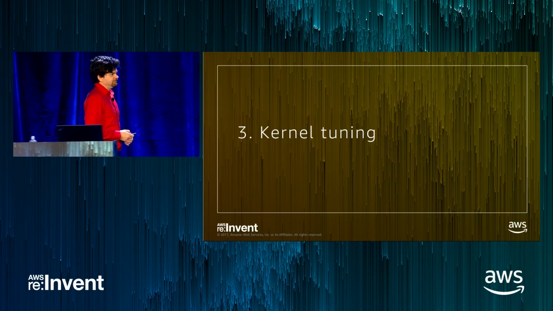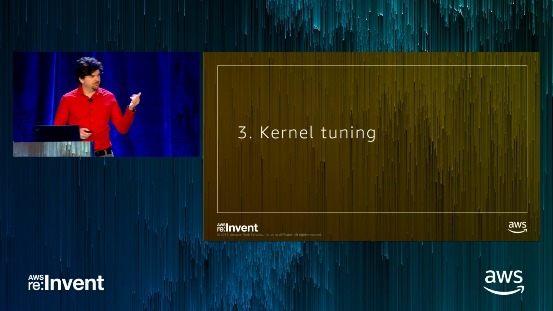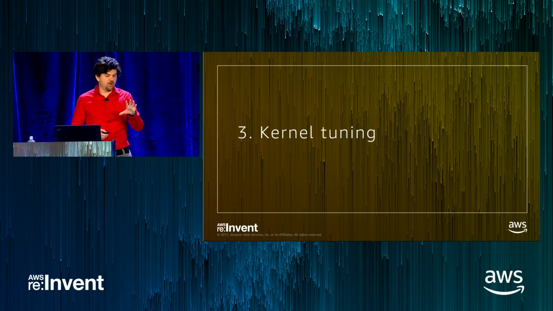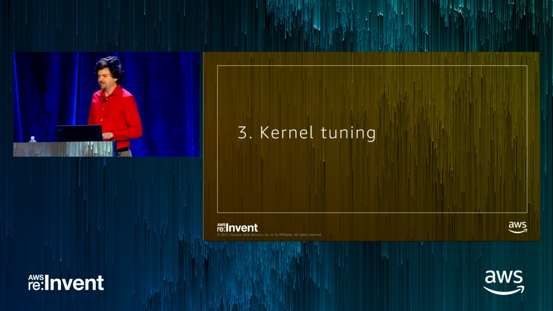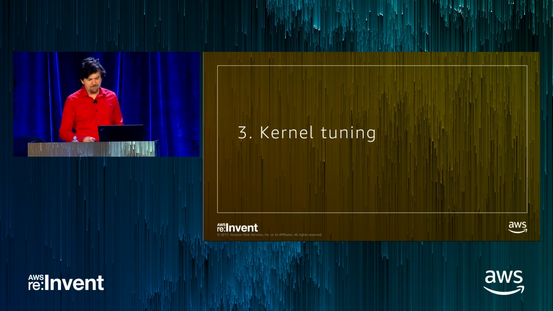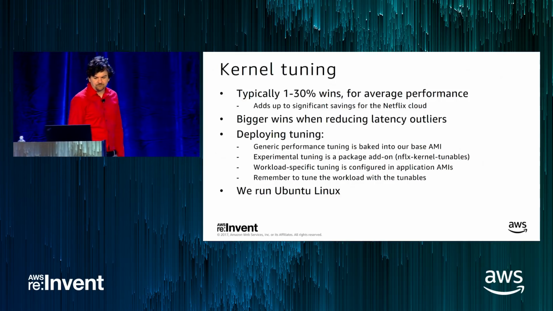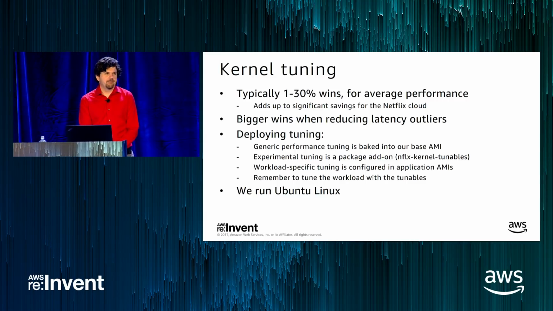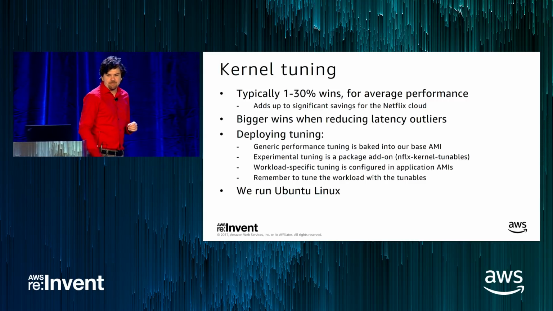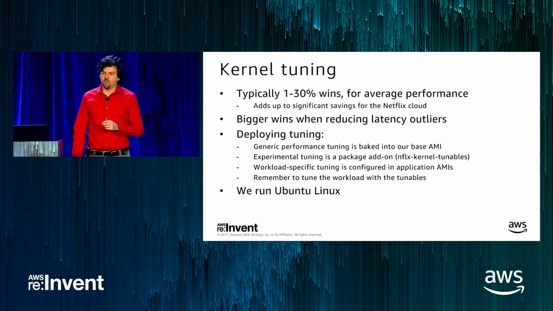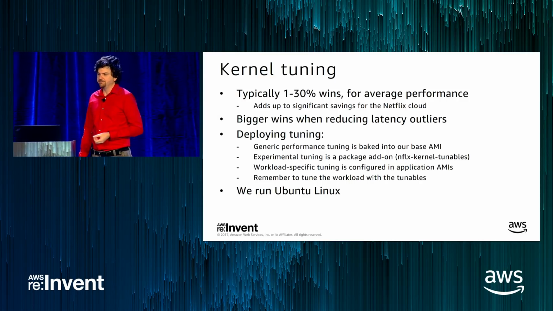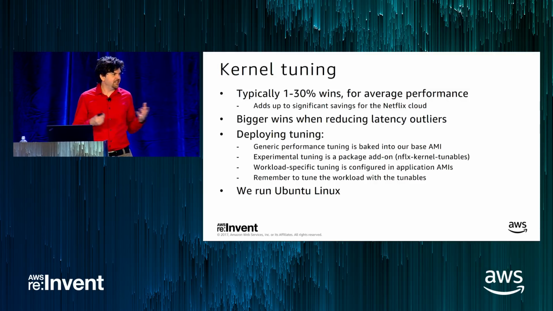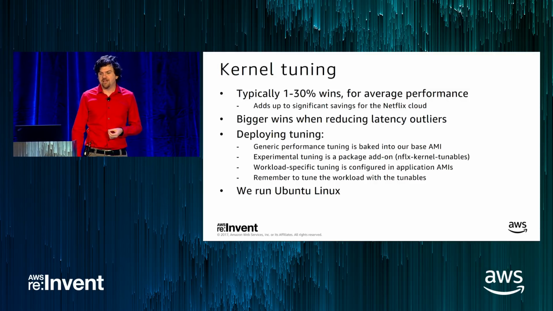Kernel tuning. So we've picked an instance, we've picked our SR-IOV drivers, or we're using the latest hypervisor. Now comes time for tuning the kernel itself. To start with kernel tuning, we're typically looking at 1 to 30% wins for average performance findings. This adds up to significant savings for the Netflix cloud, so we do care about it.